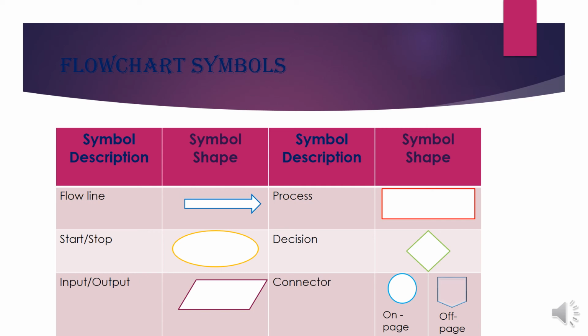It means that if your flowchart is very large and your page is finished, then you will use the on page connector. If your whole page is filled with the flowchart and you want to move from one page to another page, you will use the off page connector symbol.